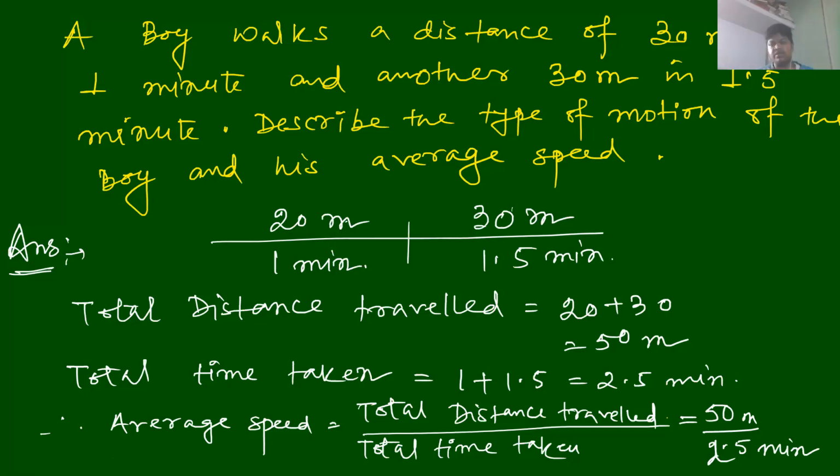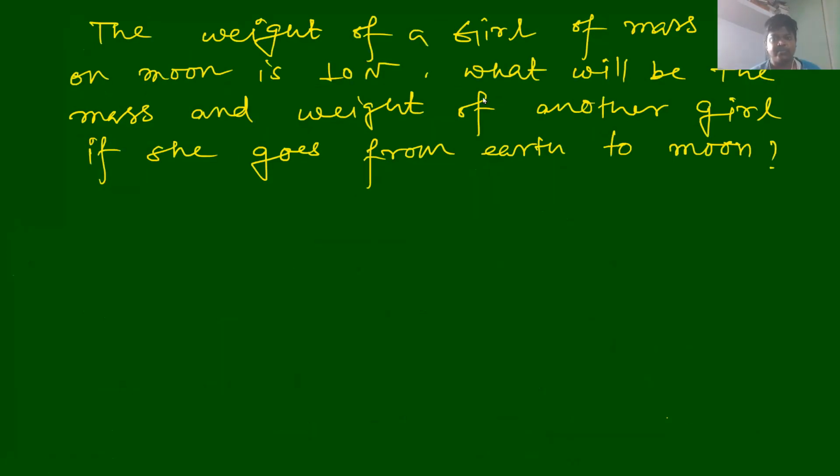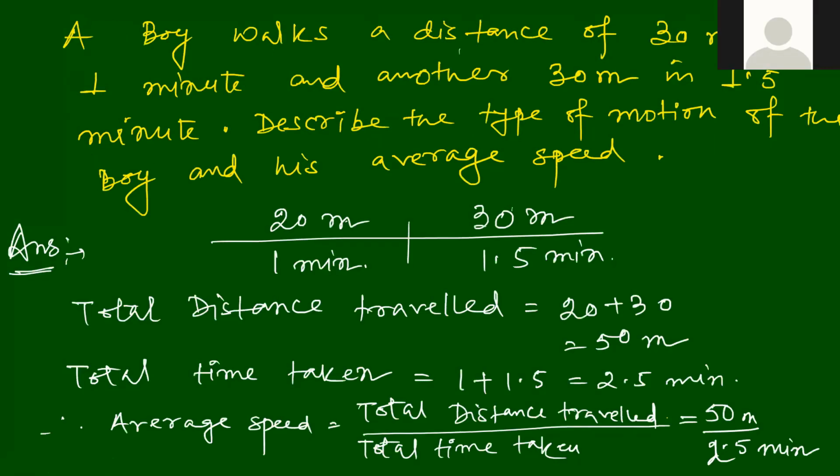So I'm just going to do the calculation over here, okay? Just move to the next slide. So average speed equals to the formula we have implemented here, the total distance traveled divided by the total time taken, and it is 50 meter divided by 2.5 minutes.